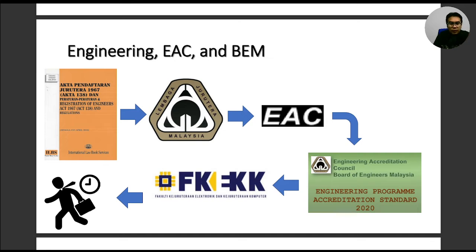If one of those criteria is not satisfied by an IHL, the IHL wouldn't get accreditation from BEM, as suggested by EAC as the panel coming to the IHL itself.